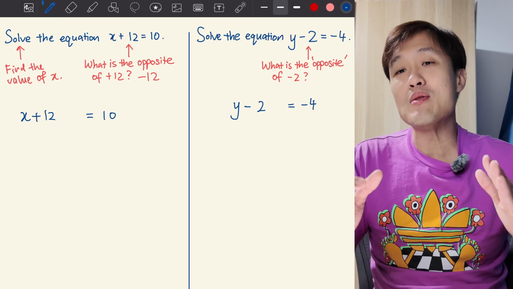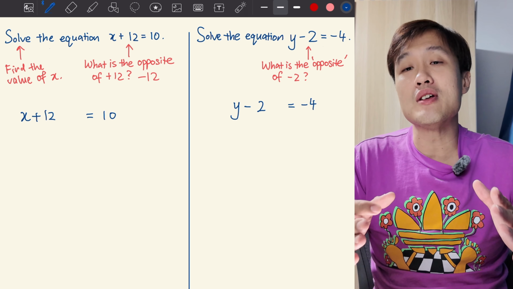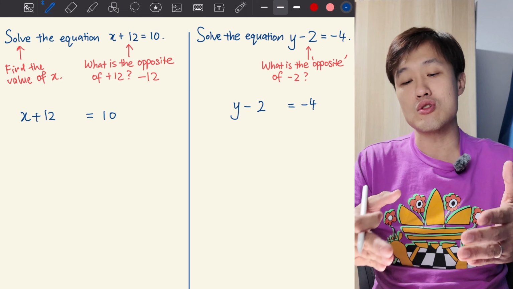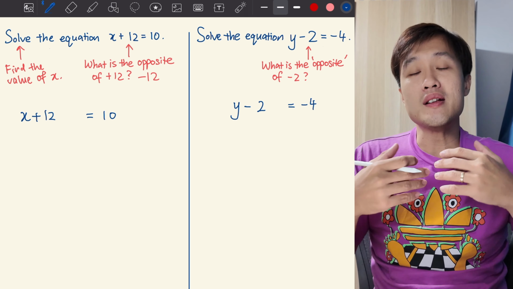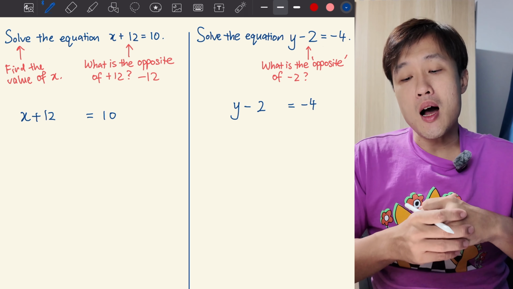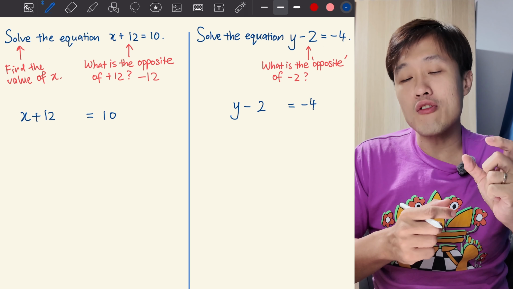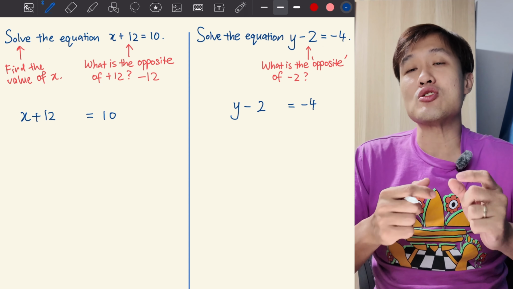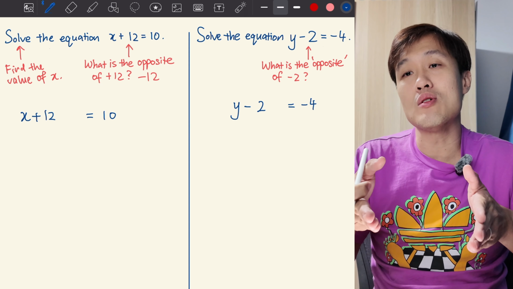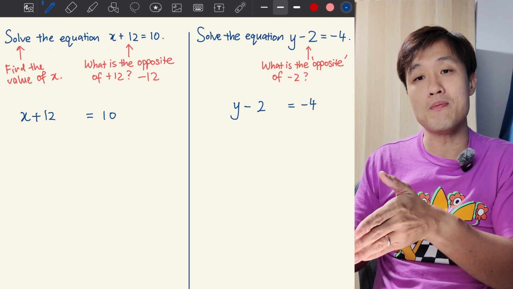Okay, so now that we've gotten the concept out of the way, let's focus on how to solve x plus 12 equals 10. The next thing we need to consider is we want to solve for the value of x, means we need to isolate x such that in the end I get x equals our answer, right?